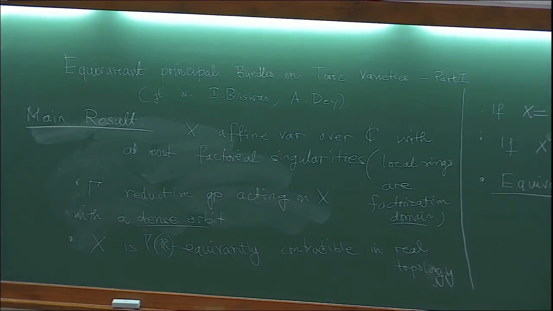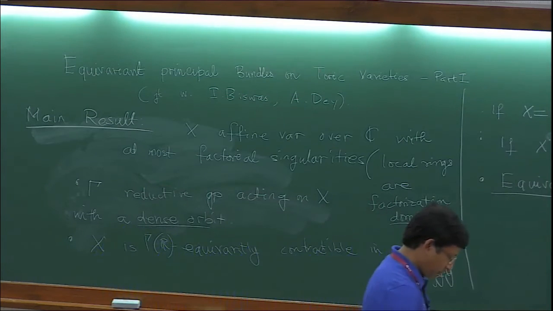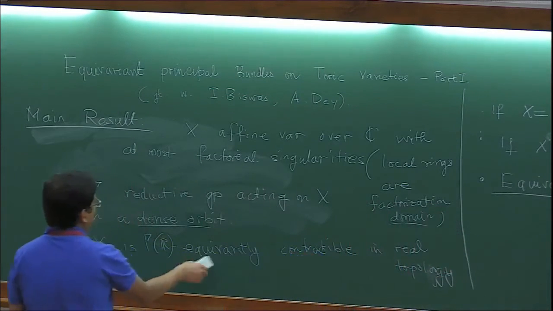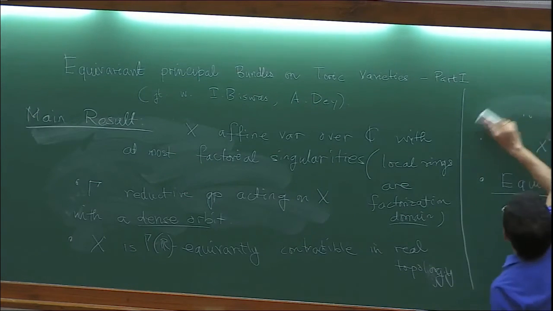There will be a gamma equivariant homotopy to a point, so everything in the real topology. Because of this contractibility, the point to which you contract is a gamma fixed point.